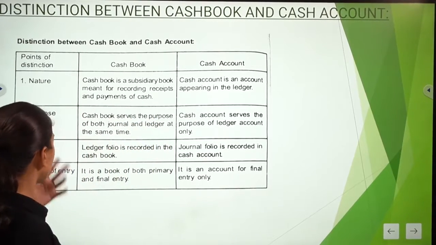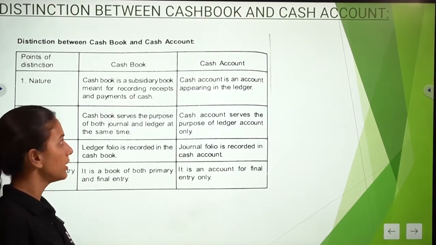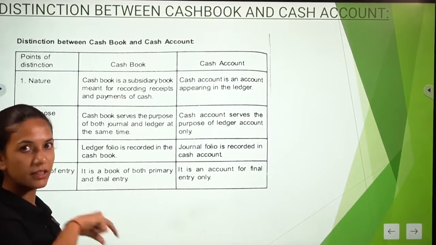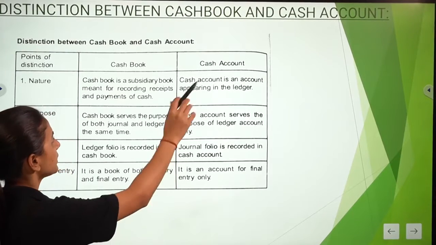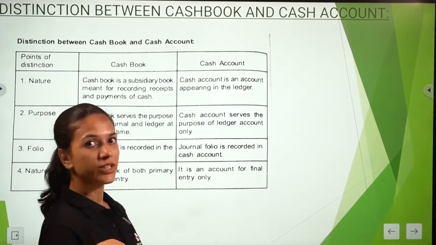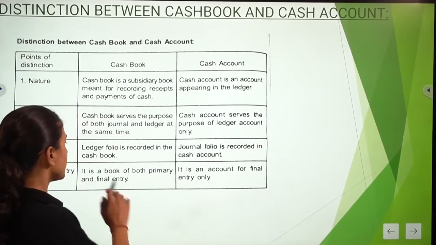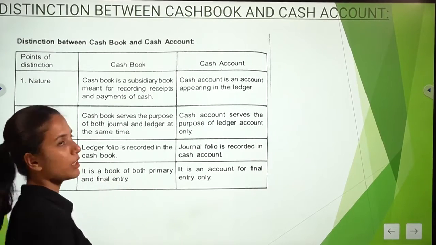Okay. Next, folio. Under the cash book, the ledger folio is recorded, that is, from which ledger account we are taking those transactions. And under the cash account, the journal folio is recorded because we are taking those entries from the journal. Nature of entries: it is a book of both primary and final entries.